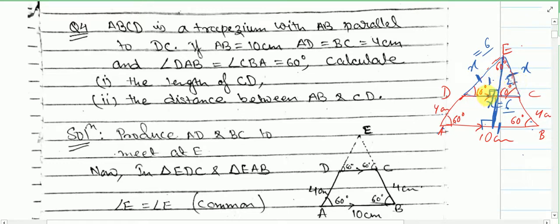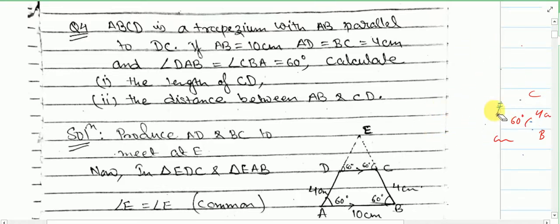That means this length will be equal to this length, but just now we have found that this whole length is 6, so this will be 3. So you can easily find this length, and then you can find this length using BPT, basic proportionality theorem. Clear? So this was simply an explanation.